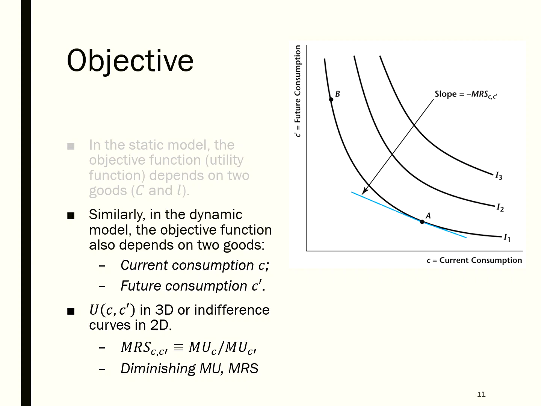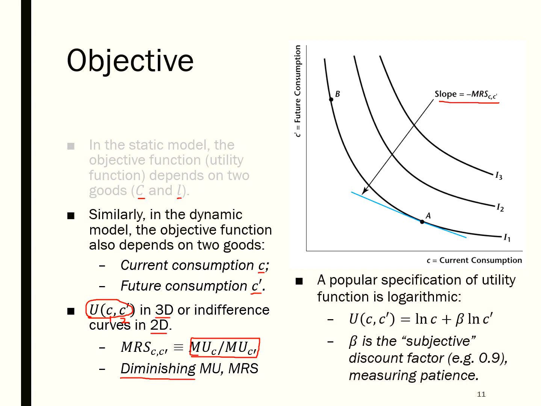A popular dynamic utility function is logarithmic, shown here. The coefficient in front of the log of future consumption, beta, is always less than 1 and greater than 0. It is the subjective discount factor of utility in the future.